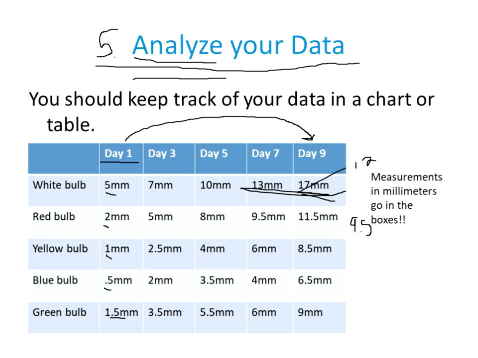Yellow grew 7.5 millimeters. Blue grew 6. Green grew 7.5. So we can see if you guys put white, yeah, white had the best growth over 8 days, for sure. Which one had the worst?